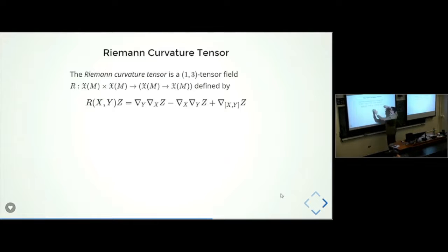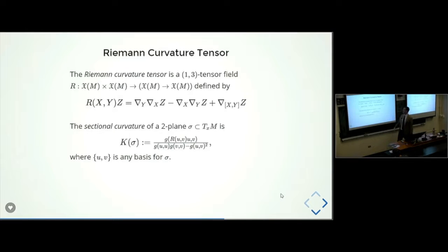You spit out some new vector field, which is this thing, right? And again, forget about this term, because if you have coordinate fields, this goes away anyway. And what this is telling you is the extent to which these covariant derivatives don't commute with each other. And again, if you're in a flat space, this is identically zero as an operator, right?